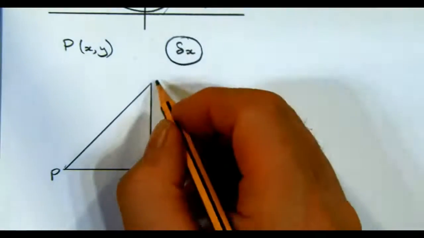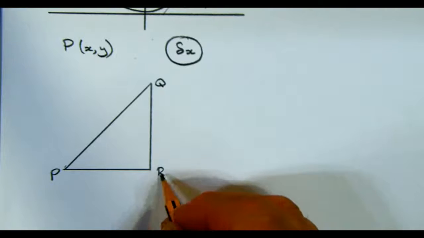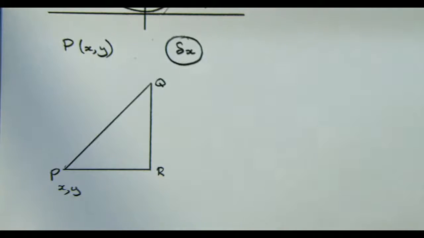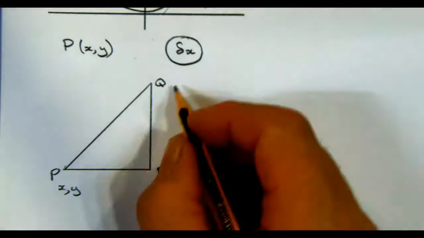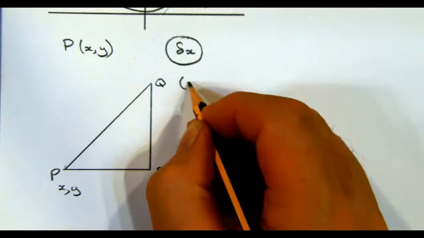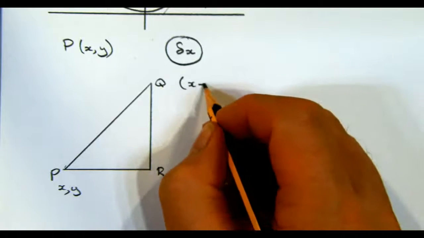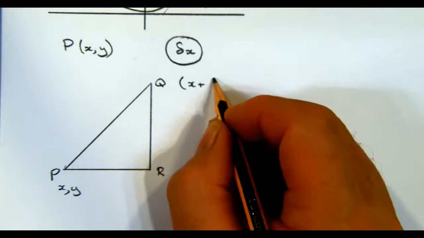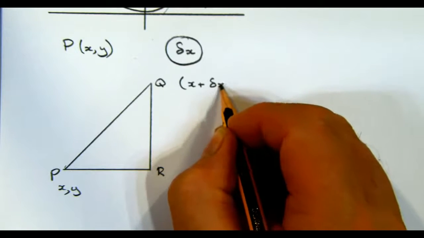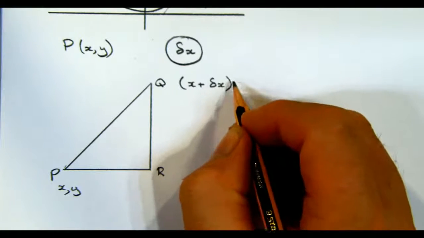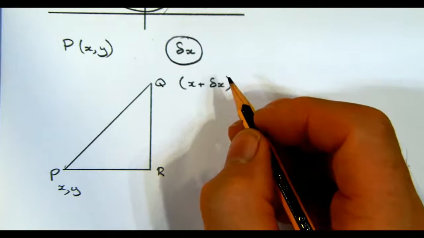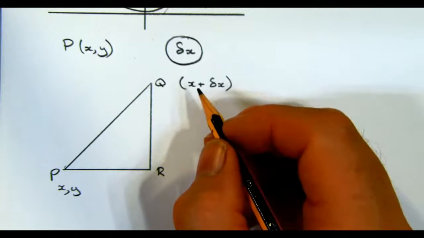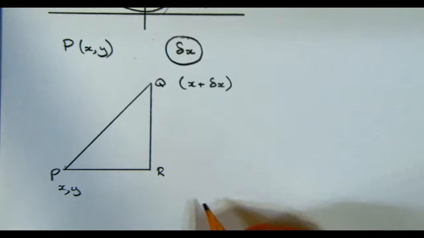We've got P, Q, and R. P has the coordinates x, y, and Q is going to have the coordinates x plus a very small amount, which we said is going to be called delta x, and a small increase in y, which we're going to call delta y.